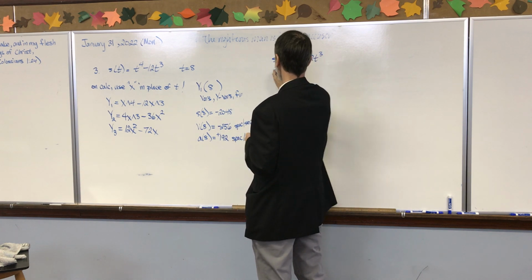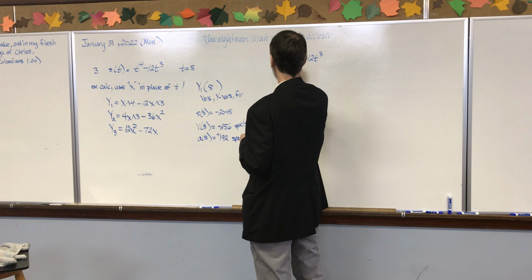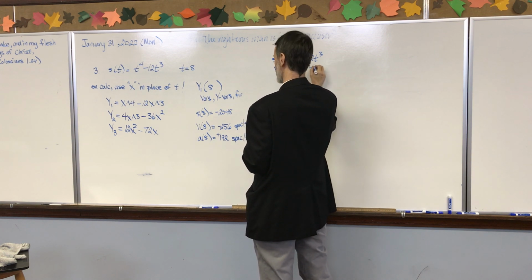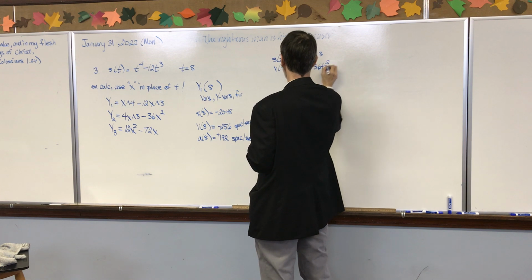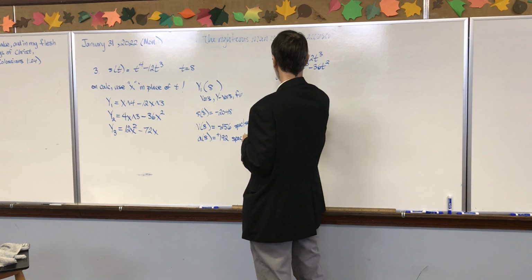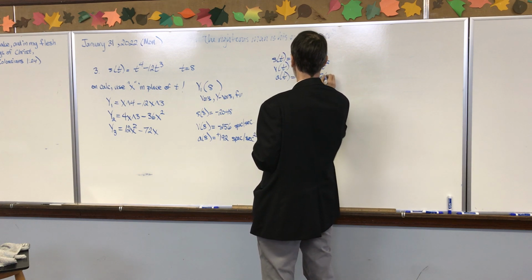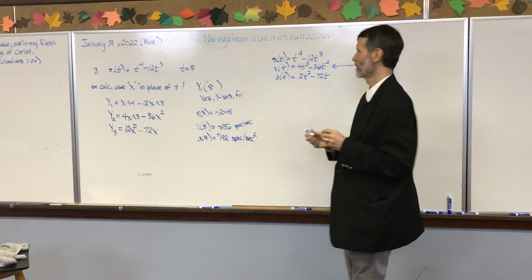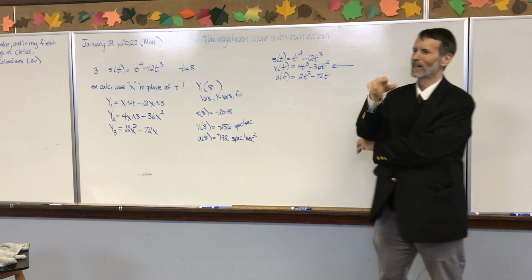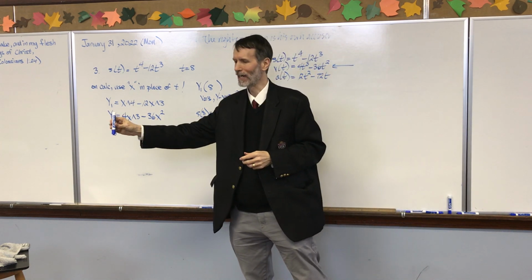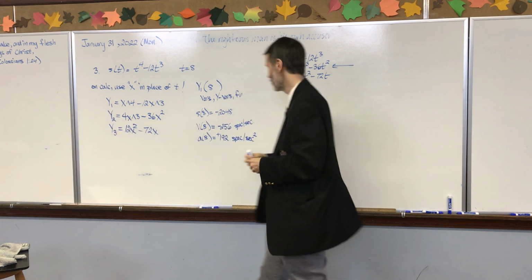Velocity is equal to 4t cubed minus 36t squared. And then acceleration is 12t squared minus 72t. Here's the velocity. I want that equal to what? 0. Because when the thing stops moving, just for an instant, it has a velocity of 0.